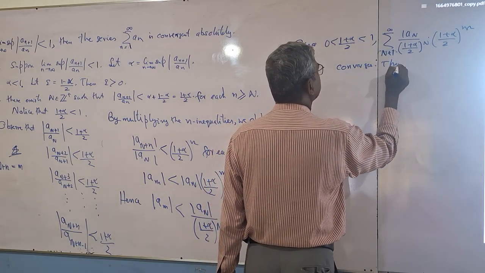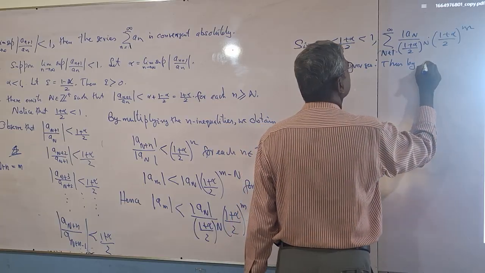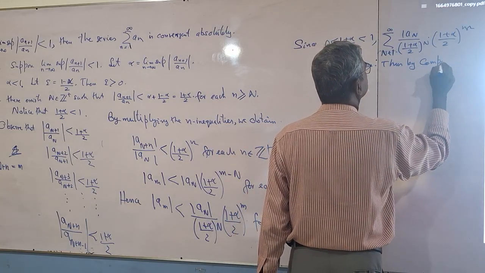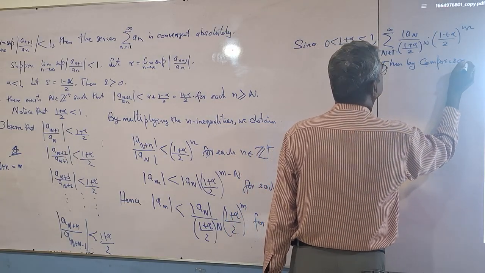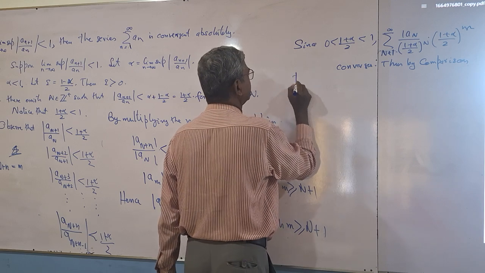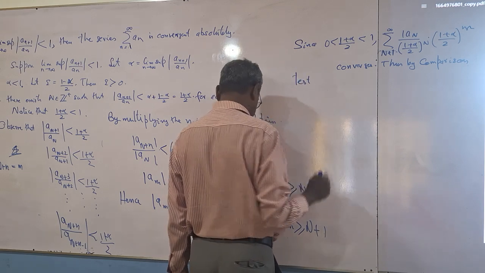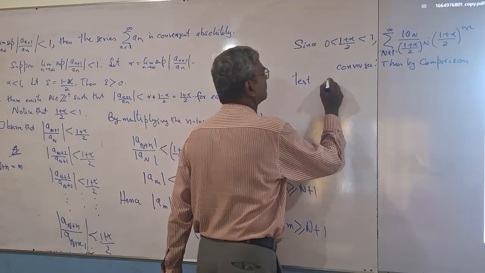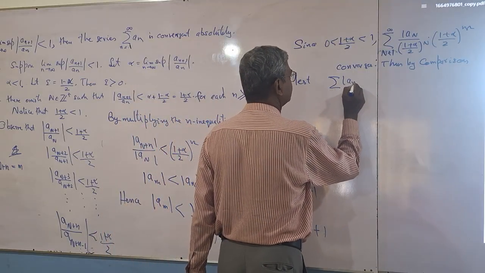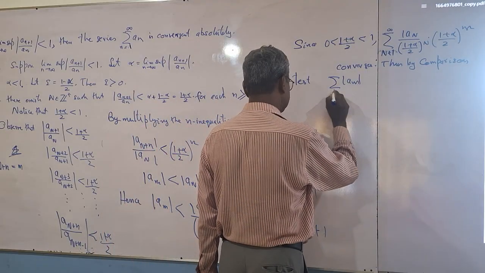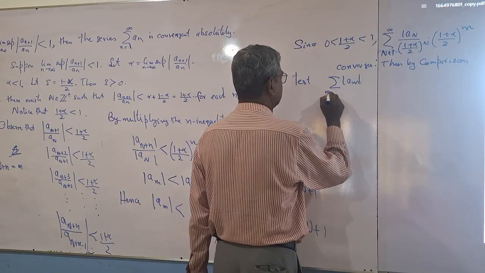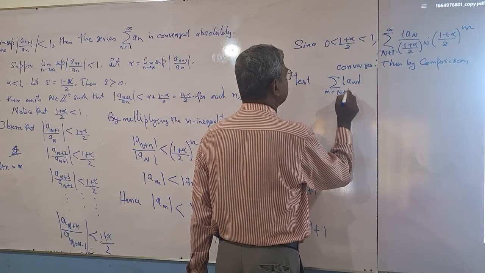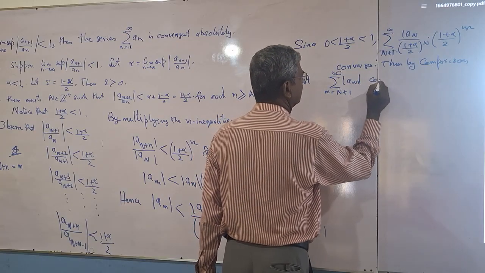Thus, by the comparison test, this side converges: the sum of |a_m|, m going from N plus 1 to infinity, converges.